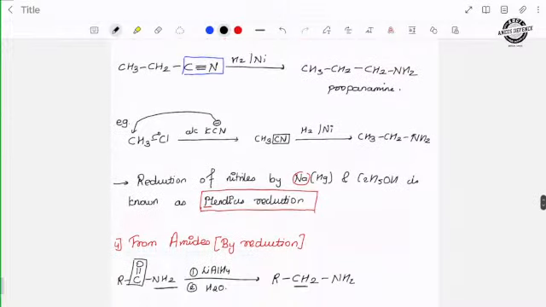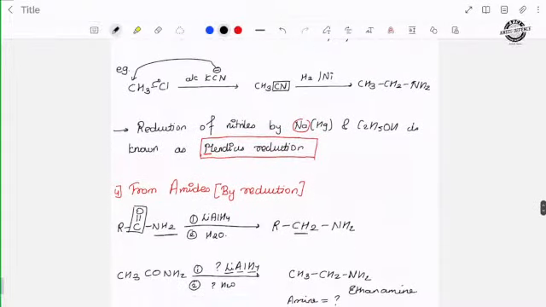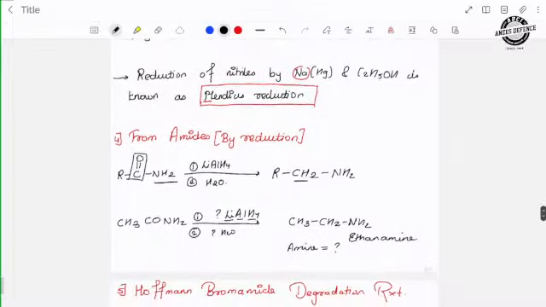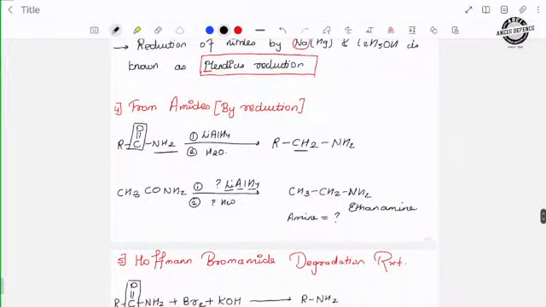The next was from amide by reduction again. Now, in this amide, you are going to reduce it by the reducing agent lithium aluminium hydride. With lithium aluminium hydride, you have to add water as well. So you will get primary amine. But what if I want to remove one carbon from my amide?